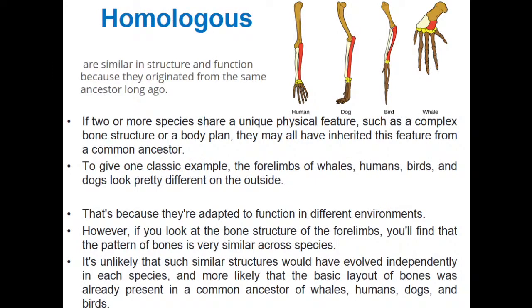From homologies we start to speak about evidence of evolution. What is it? Homologous structures are similar in structure and function because they originated from the same ancestor long ago.